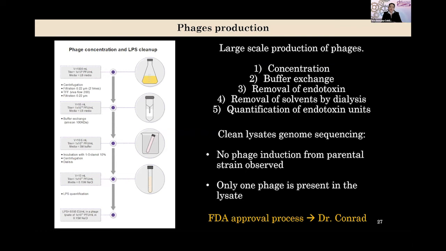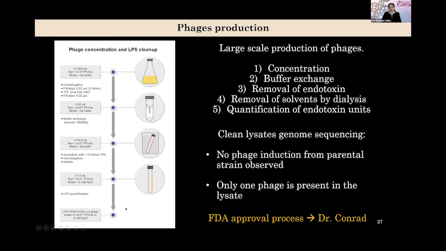In particular, one of the components is the lipopolysaccharide, or endotoxin, that you want to really remove from the phage prep because LPS can trigger the immune system. So we want to remove it. We remove it with 1-octanol, and then we remove the 1-octanol by dialysis, and we quantify the phage and the endotoxin units. We make sure that we have very, very low endotoxin units.